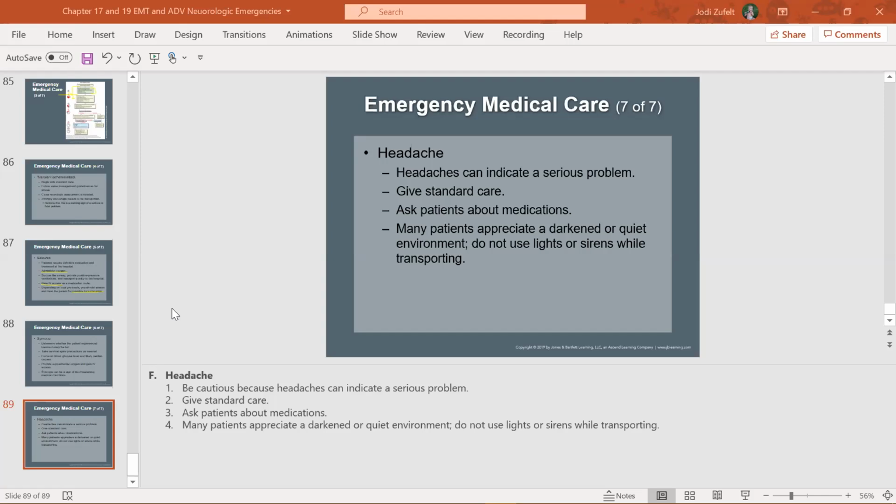So here's your Cincinnati stroke scale. Facial droop: both sides of their face move equally is normal; facial droop is not normal. Arm drift: have them hold their arms extended, palms up, eyes closed. Speech: have the patient say something.